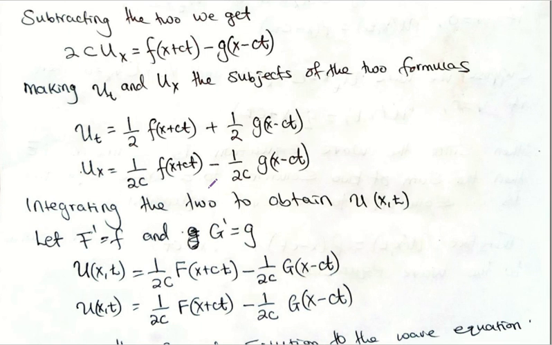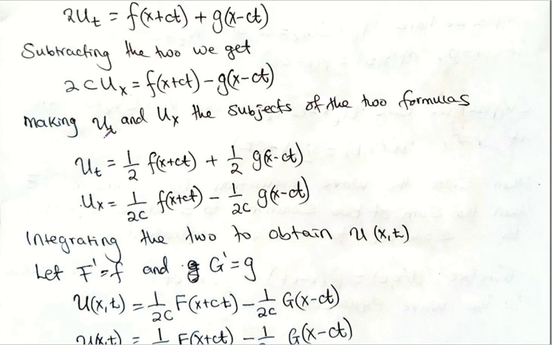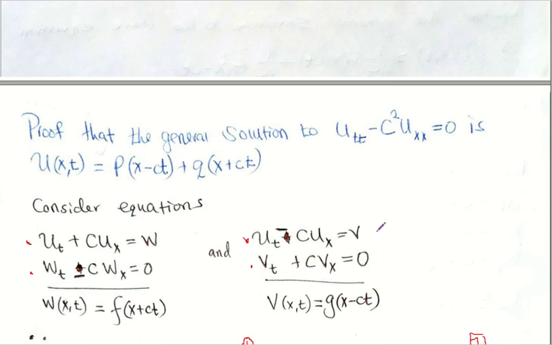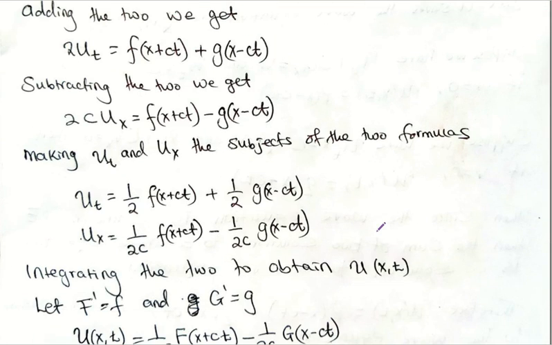Now, we are looking for a solution to the wave equation, right? The wave equation is utt minus c squared uxx is equal to 0, which means the solution to this equation will be u of x,t. And that's what we are trying to prove.